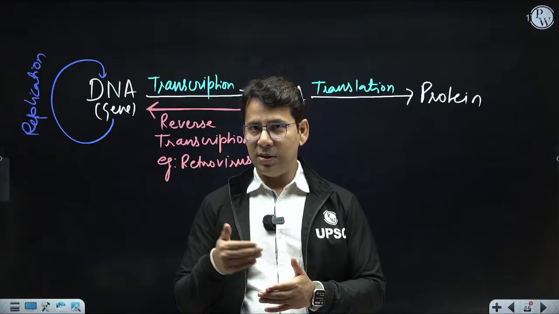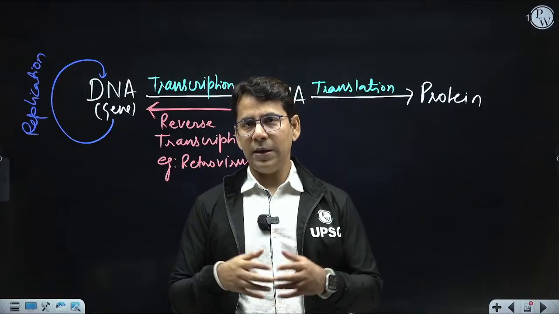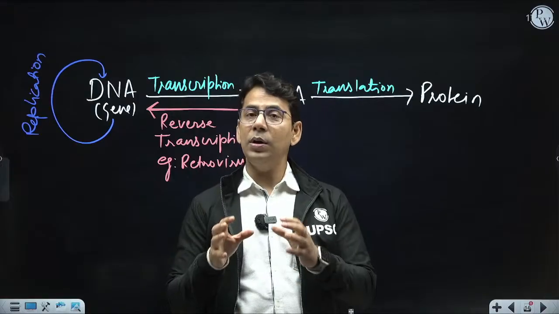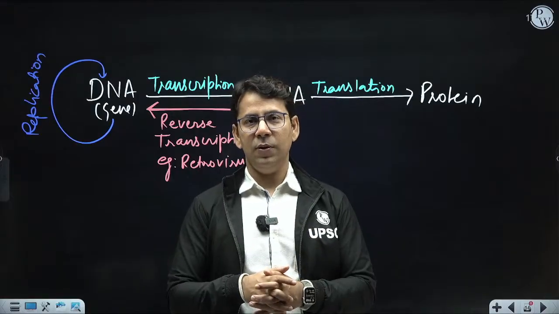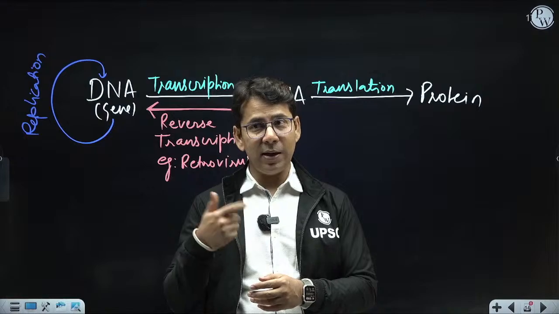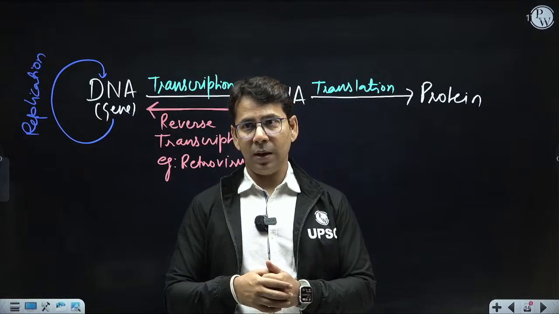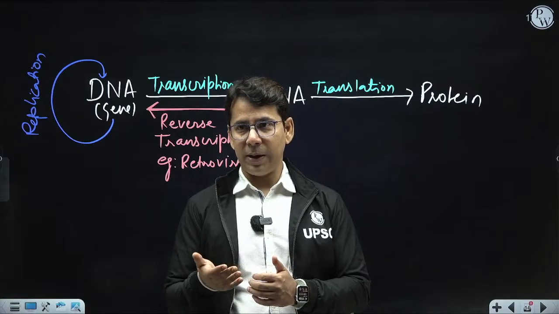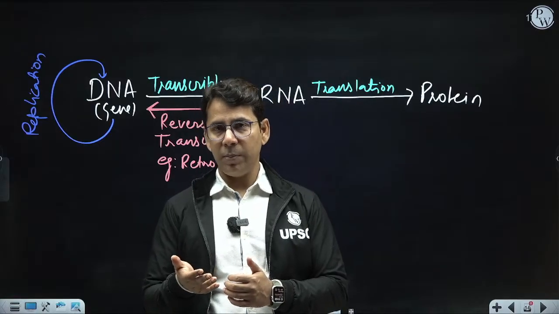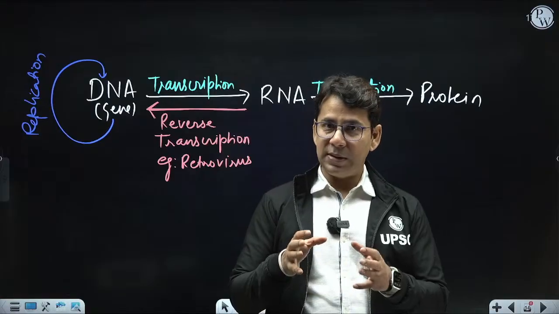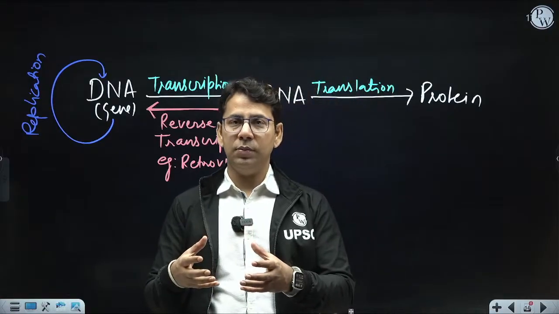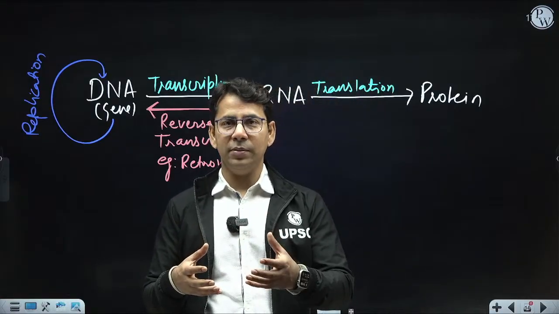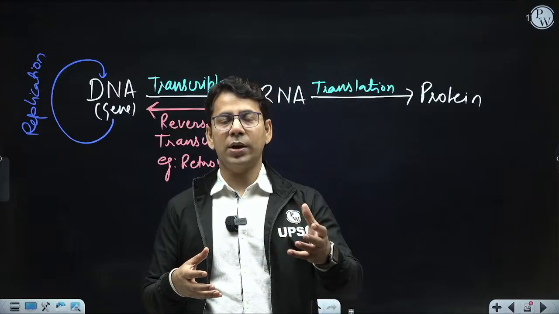Inside the nucleus, the CEO is DNA, and the CEO has all the data and information for bike making and car making. You got my point? But the CEO will never come out of their own cabin to talk to the workers.